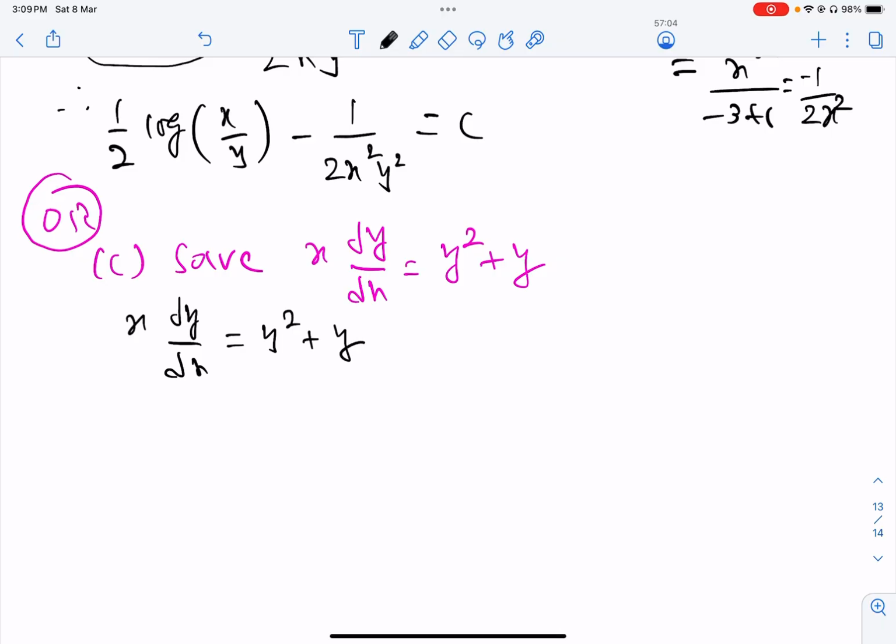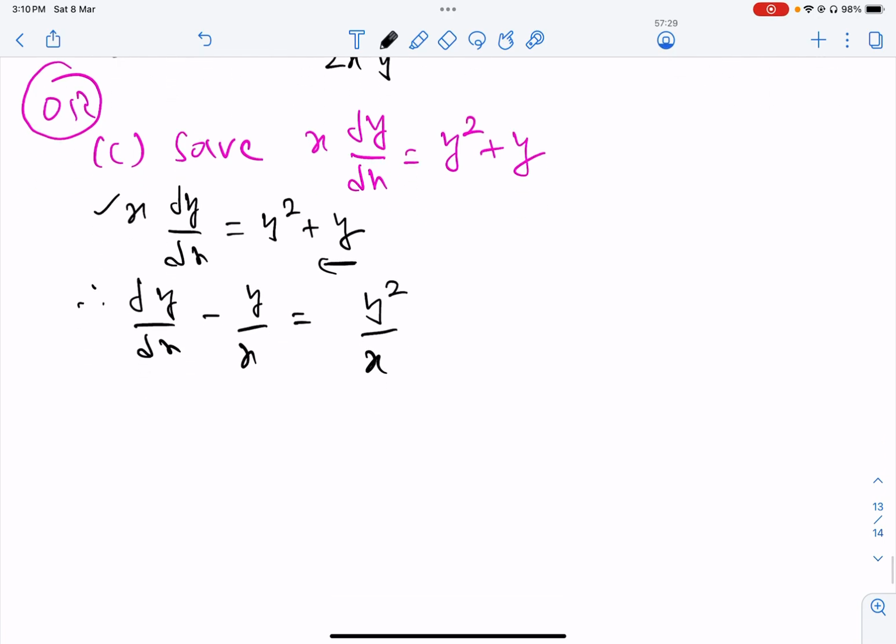Now can we write it this way: dy by dx, let us take y on this side, and divide by x also, so minus y by x, is equal to y square by x. Okay, so this is of the form dy by dx plus py equal to q y power n.